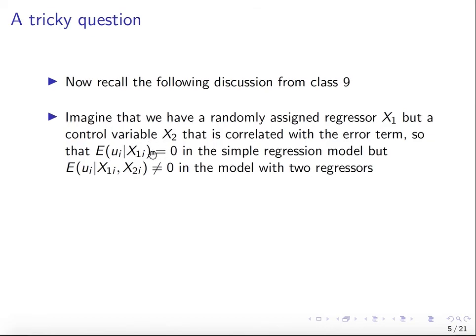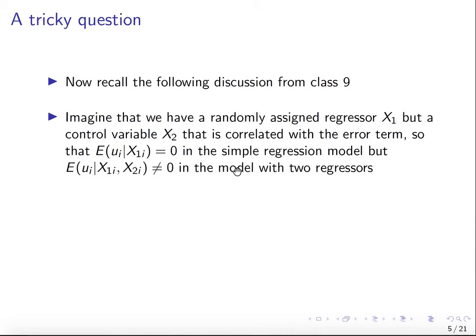Okay, you kind of know and expect that this assumption is actually holding. But say that you don't have specific reason to believe that it's true for other regressors. That is, when you add a control variable, then the conditional mean 0 is no longer true, and you know that. Okay, so is there a trade-off here?